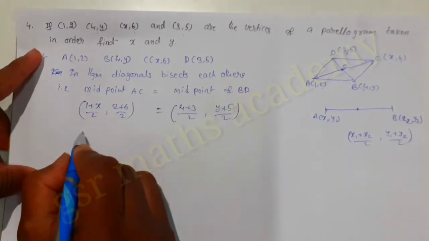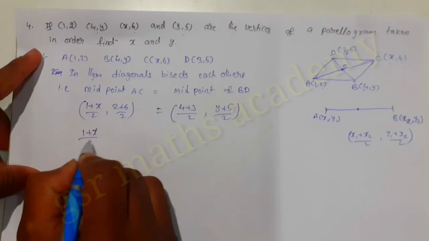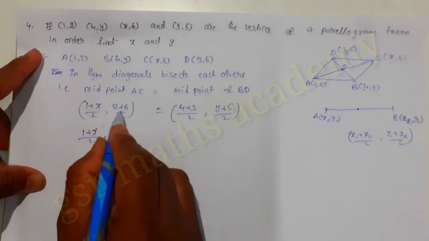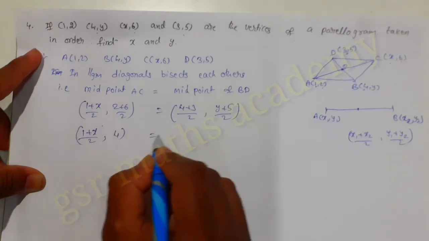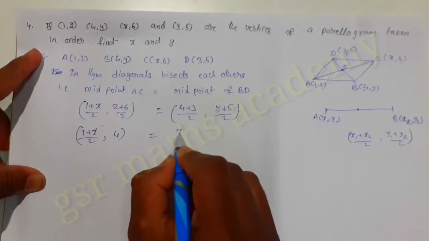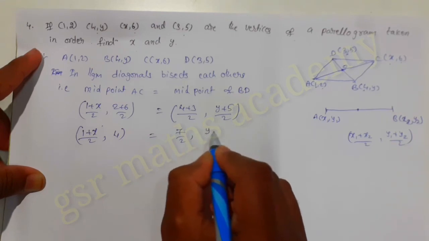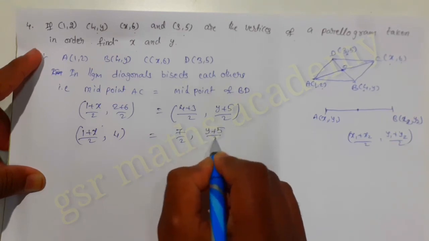Now you can write it as (1 plus x) by 2, comma, 8 by 2, which is 4, equal to 7 by 2 and (y plus 5) by 2.